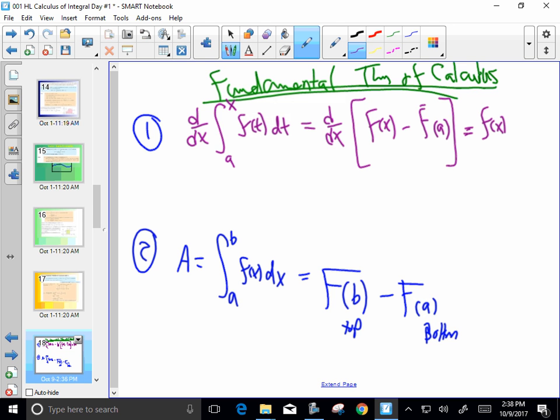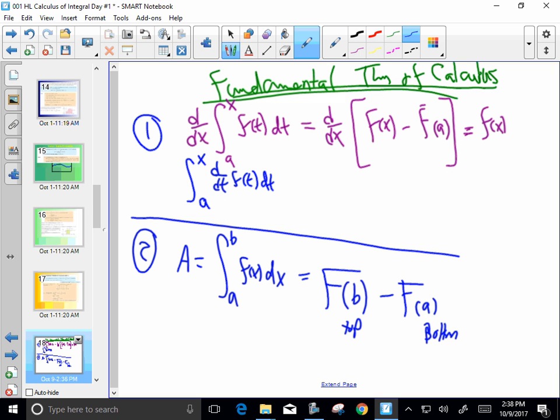But I do want to warn you that flipping these around, going from a to x of d/dt of f of t dt, do you think that's going to be the same thing? Well, the first thing you do here is the antiderivative. This is the second.